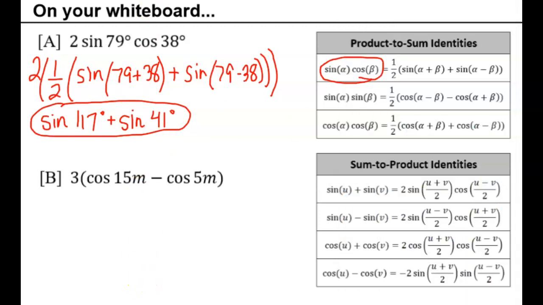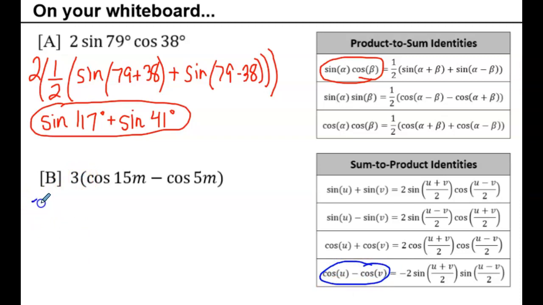Okay, now in part B, we're going to take a difference of 2 cosines of different angles and convert that into a product using a sum to product identity for the difference of cosines.